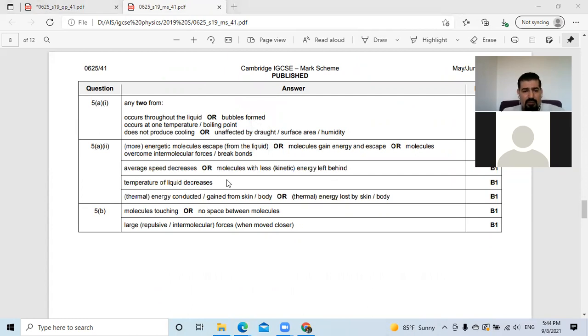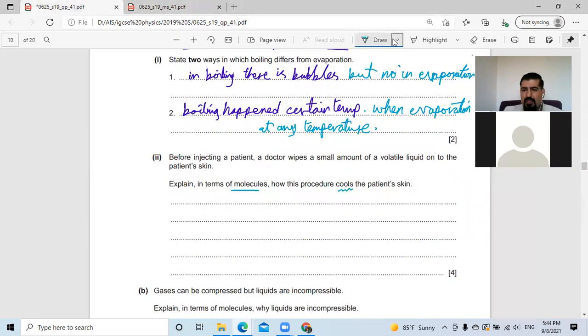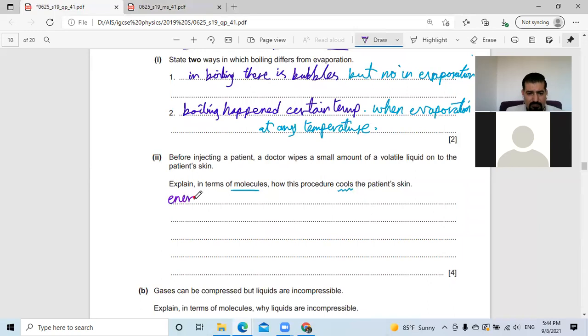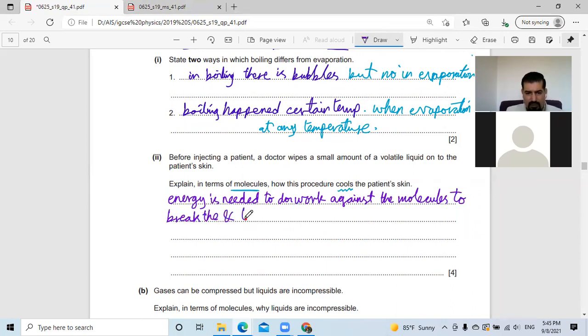So if I want to write the answer here, I will use my own words and write that energy is needed to do work against the molecules, to break the bonds and leave the surface, or leave the liquid.